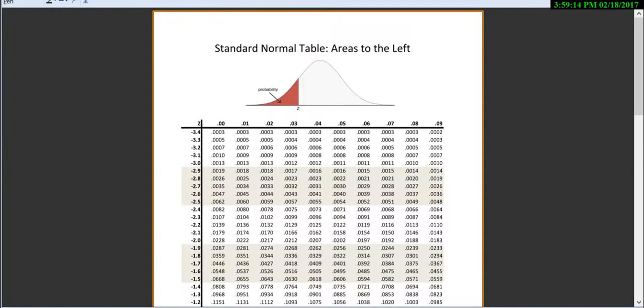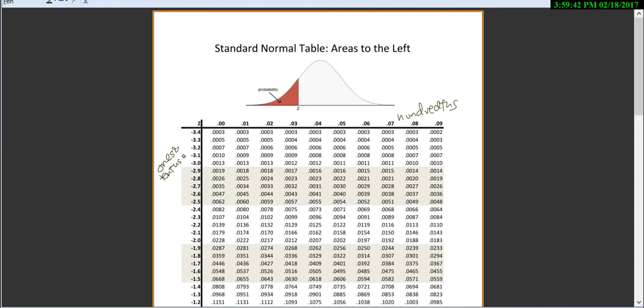So I go to my standard normal table, and you'll see that it's set up like this. You have values on the left side here, and you have values across the top. These are our ones and tenths place, and these are our hundredths. It was just the easiest way for them to organize the table, to put lots and lots of numbers on here.